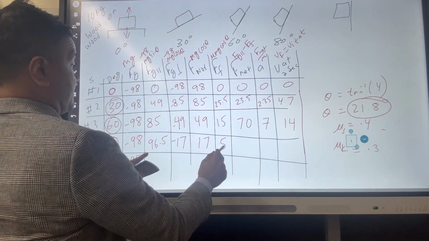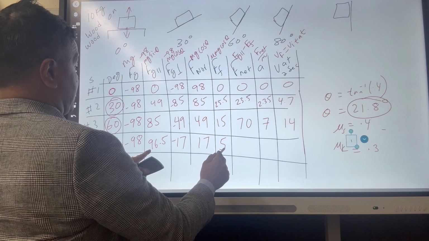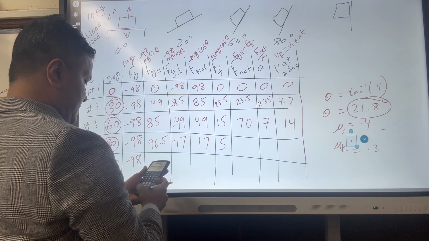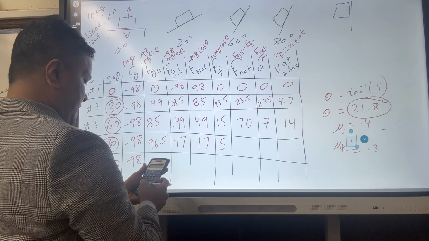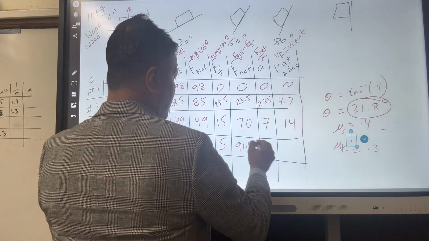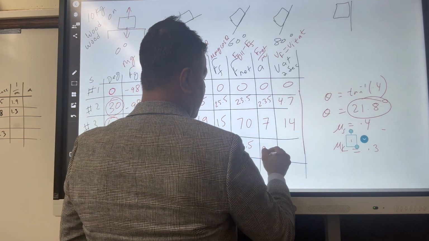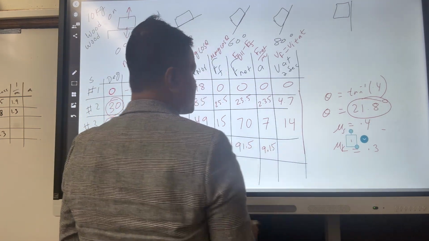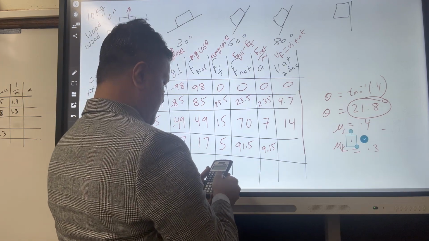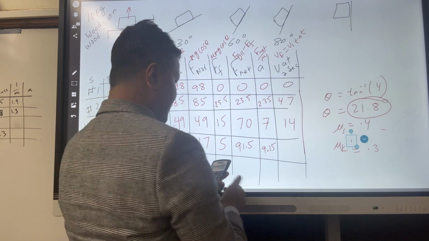And then 96.5 minus 5, and that is 91.5 or 92, so acceleration is 9.15, which makes sense. 9.15 times 2, 18.3.